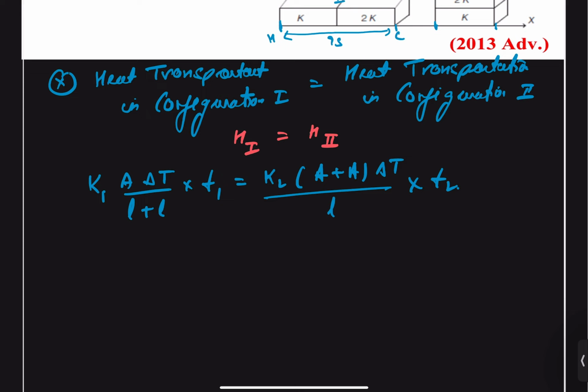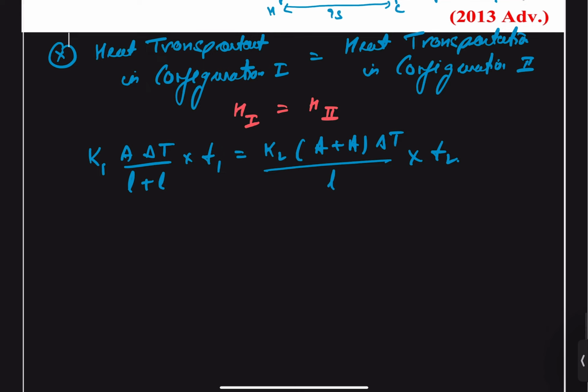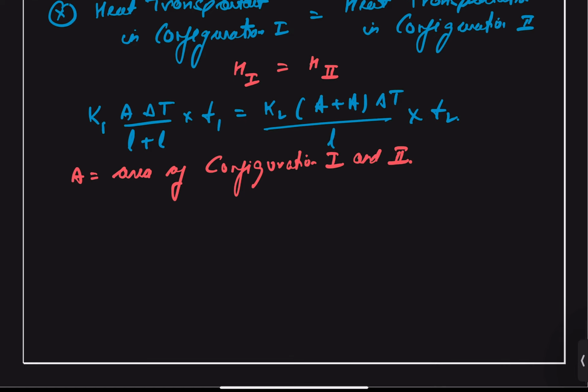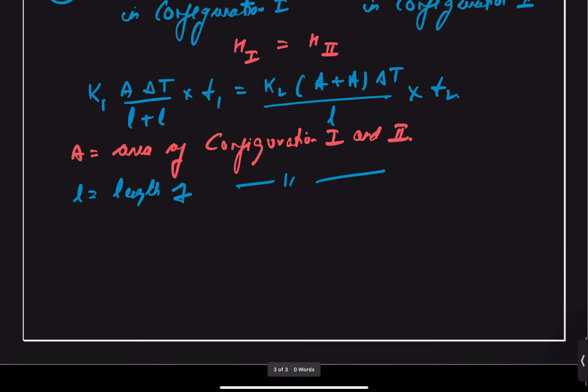Here A is the area, because the size and everything is the same, so we can say the area of configuration 1 and 2, and L is the length of configuration 1 and 2.